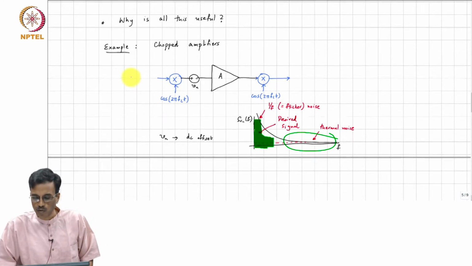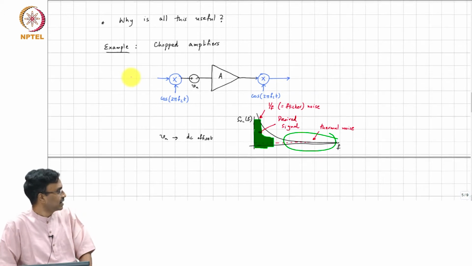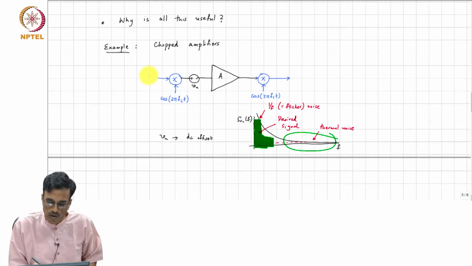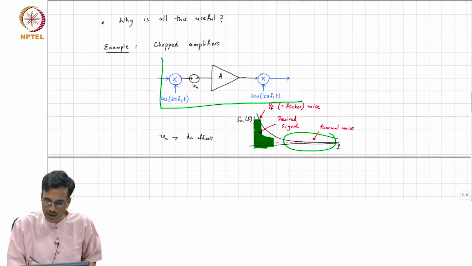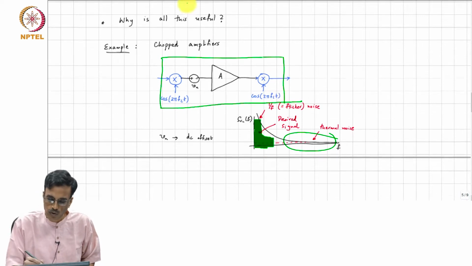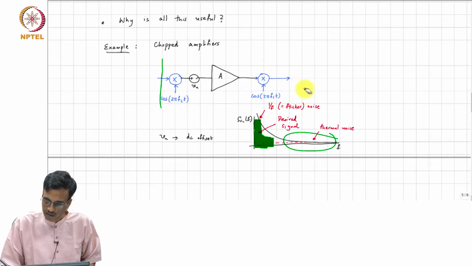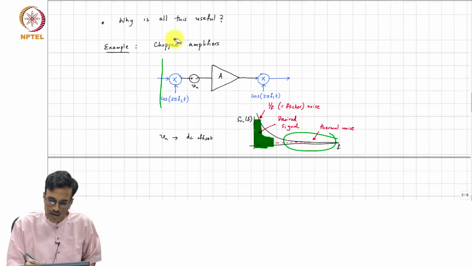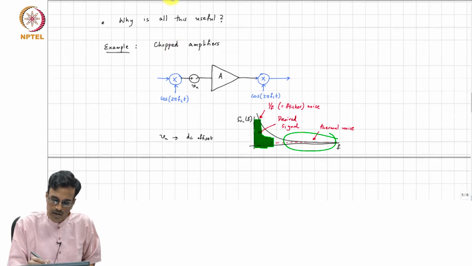I mean, one thing to observe is that if I now put all of this in a box, what kind of system is this? It is an LPTV system, right. So, even though the amplifier itself is time invariant, because of the multiplication, this becomes an LPTV system.